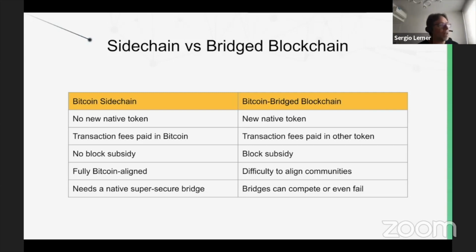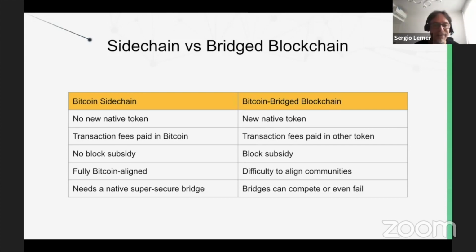So the consensus algorithm, everything must be orchestrated to be secure against reverts and against all kinds of miner extractable value without block subsidy, which is kind of difficult, and Rootstock has made it. And it's fully Bitcoin aligned. So that's the main benefit of using Bitcoin as a native currency. And in the case of other blockchains, it's generally very difficult to get this alignment between the communities. You may be able to, but it's generally very hard.